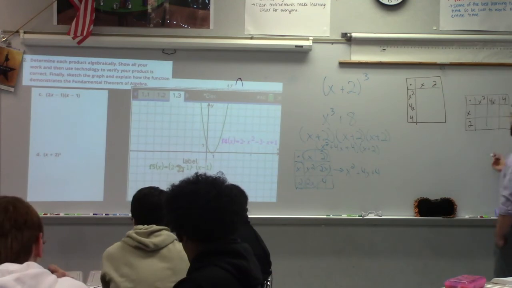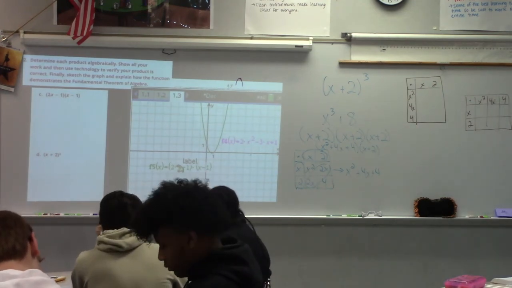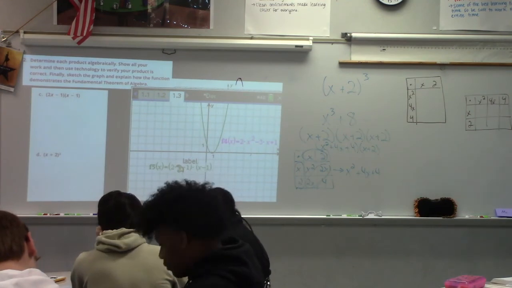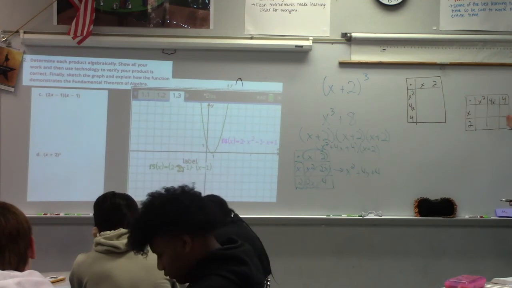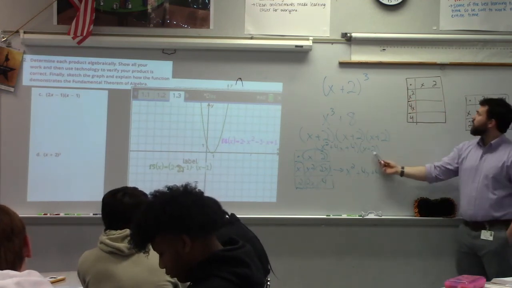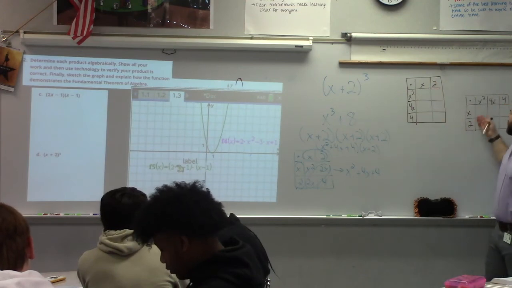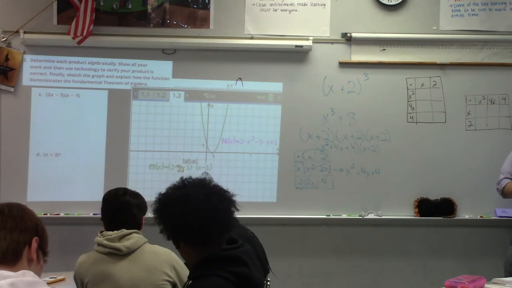No. Remember, this is just going to help me organize my ideas. So please don't stress about which side you put it on. You just need to recognize, hey, I have 3 terms, so I either need 3 columns or 3 rows, right? And then I have 2 terms, so I either need 2 columns or 2 rows. It doesn't matter which way you set it up. But be careful and pay attention.